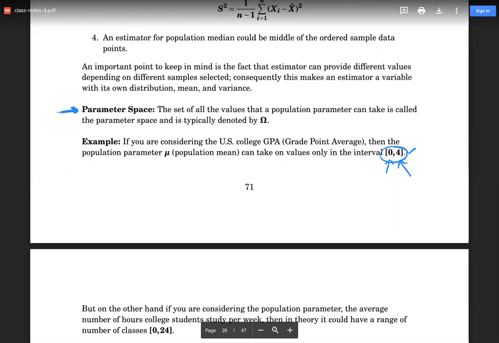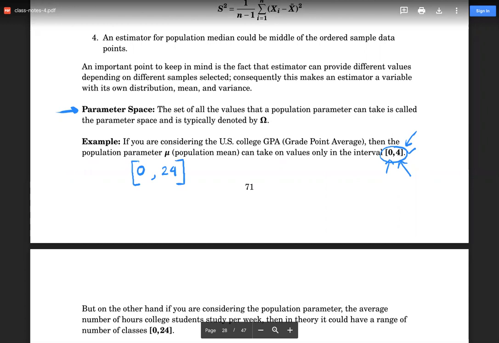On the other hand, the number of hours a student studies per day at Hartnell College could be as low as 0, or technically, in theory, as high as 24. So your parameter space is going to be between 0 and 24, including the boundary points 0 and 24. Similarly, for GPA, the parameter space is 0 to 4, including the boundary points 0 and 4, and anything in between.